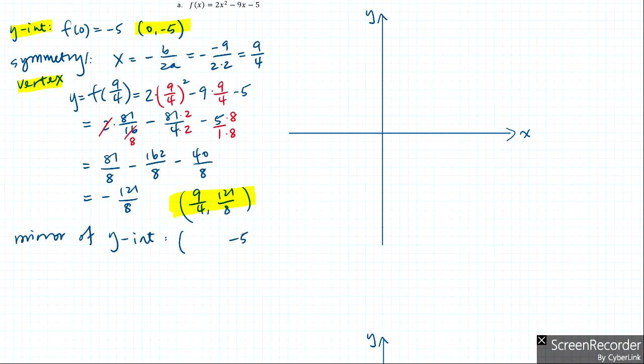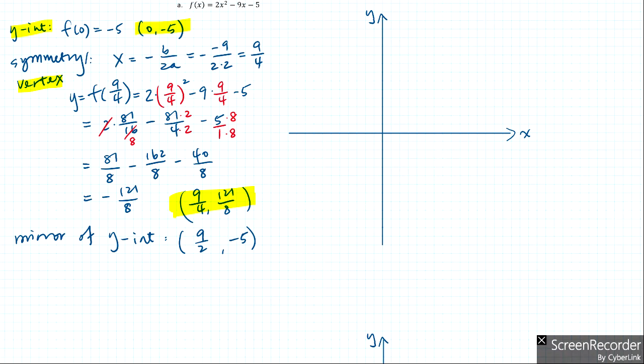So the y-coordinate would stay the same, and the x-coordinate will just double the x-coordinate of the line of symmetry, or the vertex x-coordinate. So 9/4 times 2 gives us 9/2 over here because they have to be equal distance away from each other.